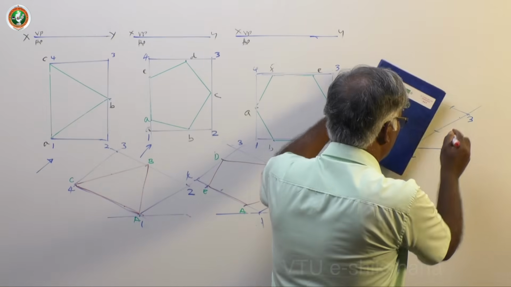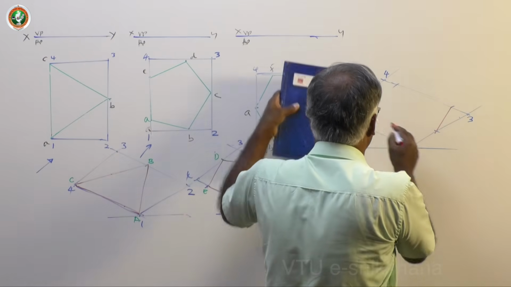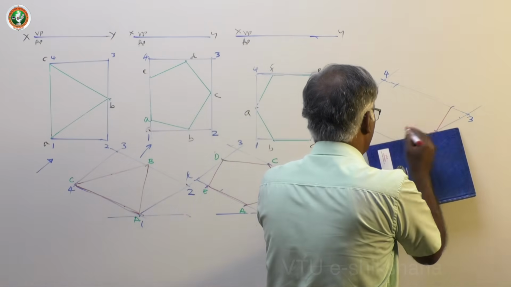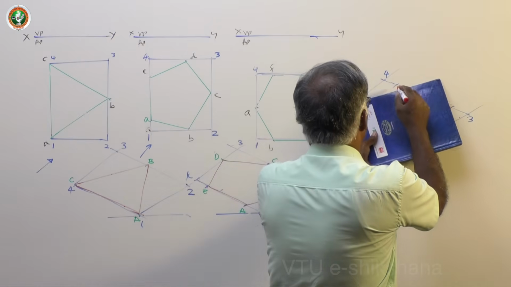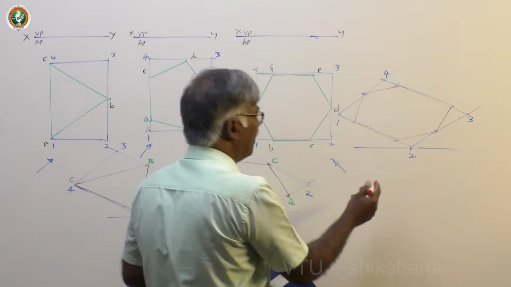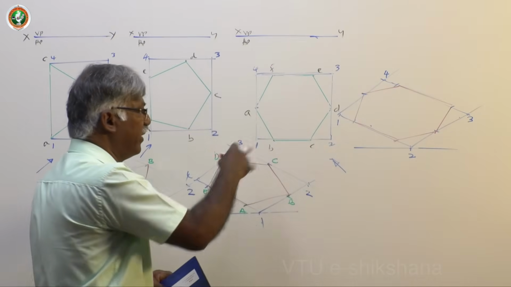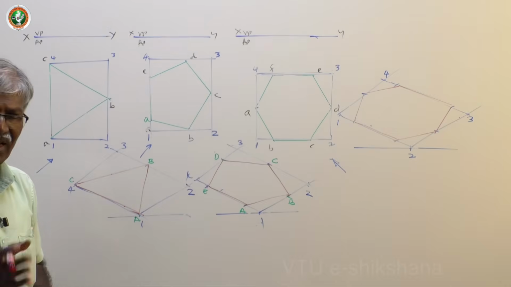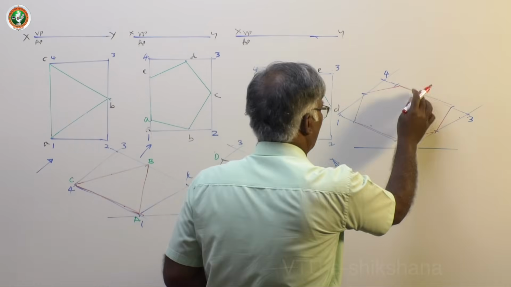Get the isometric projection or view of the hexagon. Here also you can observe these distances are varying. So this distance is different from this, even though they're the same in a regular hexagon of the same size. In isometric they are different, but these 2 are equal.